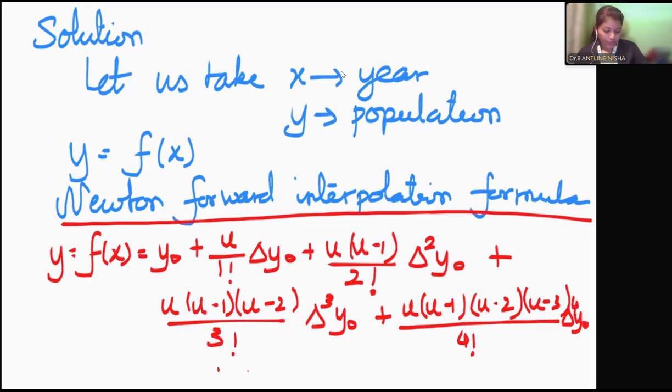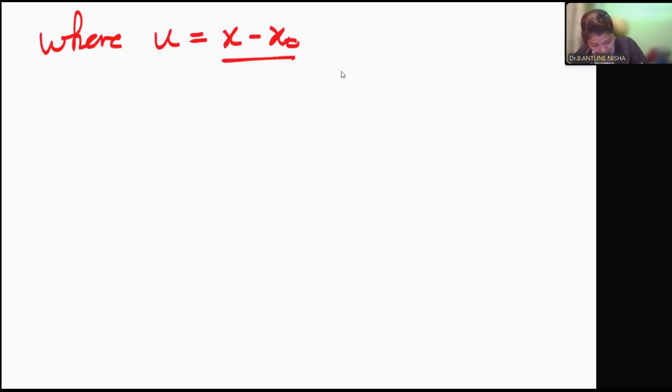It goes on like this. This is the Newton forward interpolation formula. Next, we have to find what is u, where u is equal to x minus x naught divided by h.